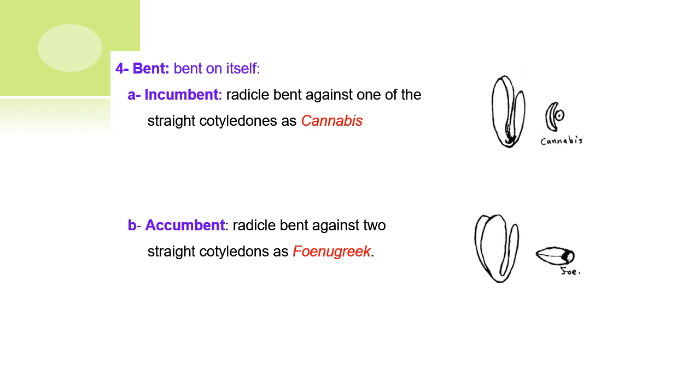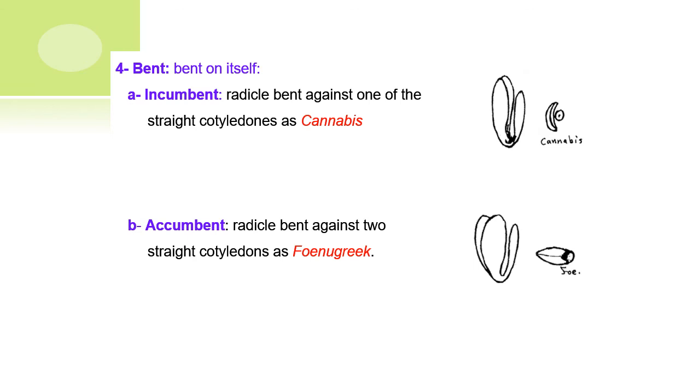Here the radicle, the cotyledon facing the radicle, and the other cotyledon away from the radicle. This will be more clear here: one cotyledon, the other, and the radicle. In the accumbent type, the radicle is bent against two, or facing both, the cotyledons in dicot plants. Here the radicle, one cotyledon and the other.